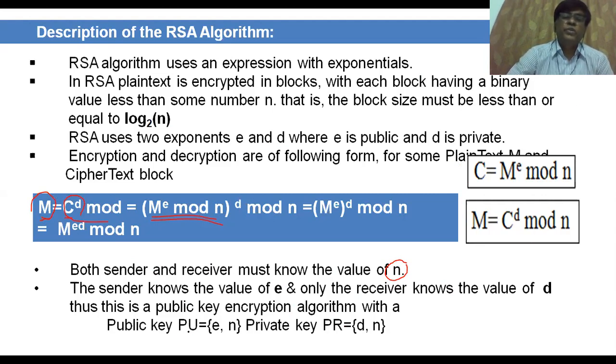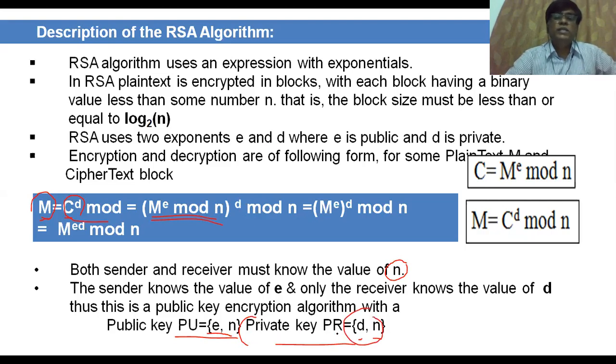The public key is E comma N, where E is the encryption key value and N is the size of the block. The private key is the pair D comma N, where D is the decrypt key value and N is the size of the block. So the public key pair is E comma N, and the private key pair is D comma N.